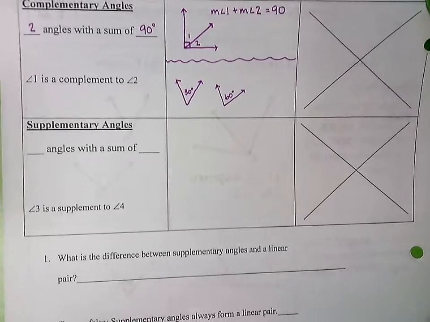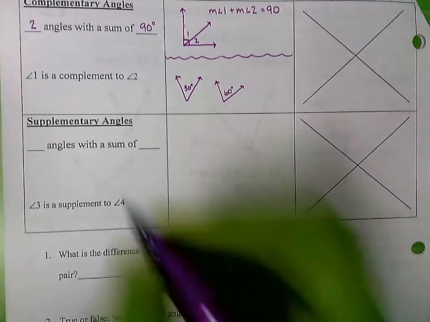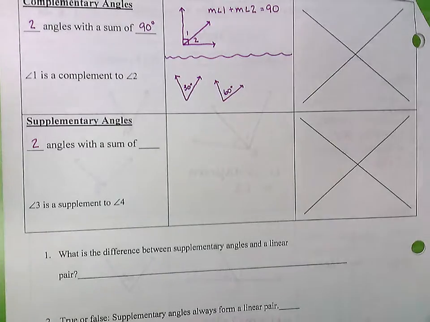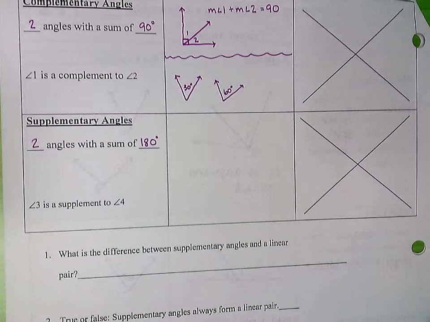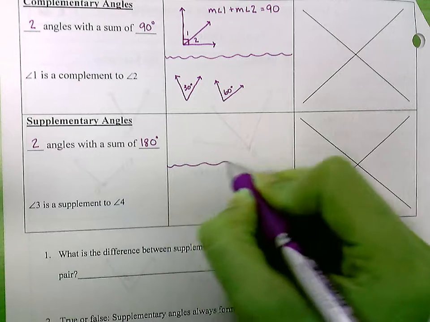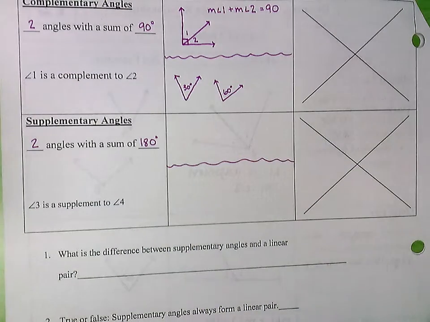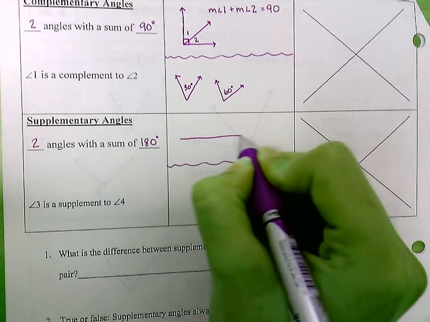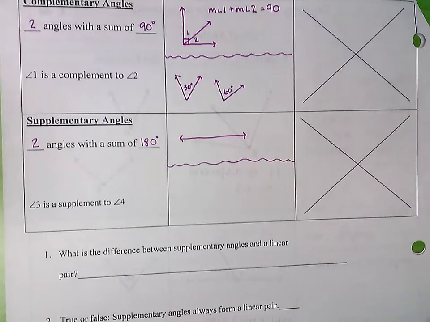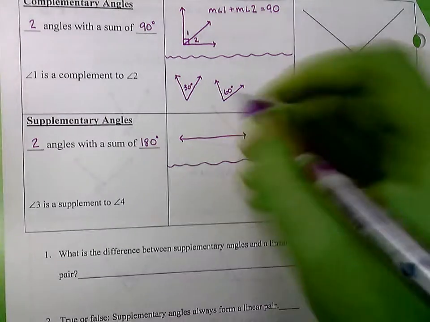For supplementary angles, these are two angles with a sum of 180 degrees. Again, I'm going to have two examples here. For supplementary angles, they could be adjacent. So a line is 180 degrees.